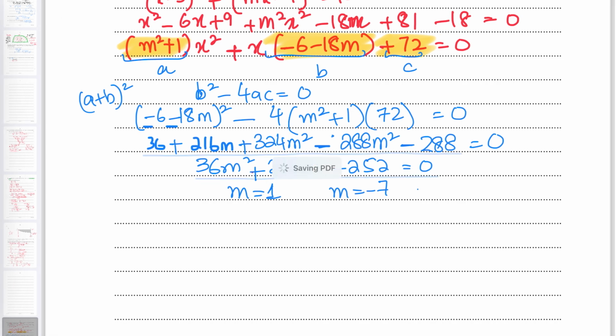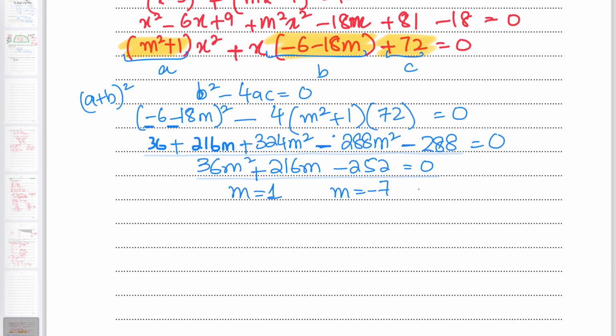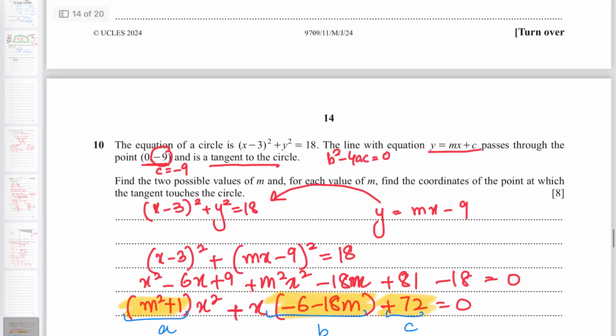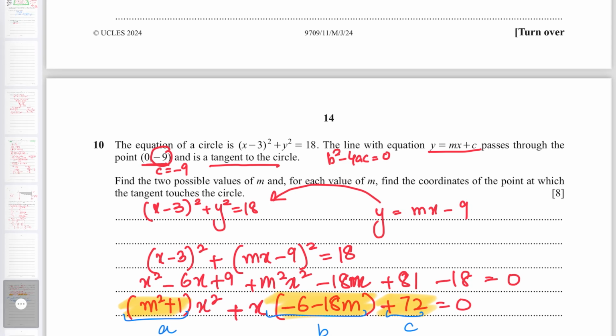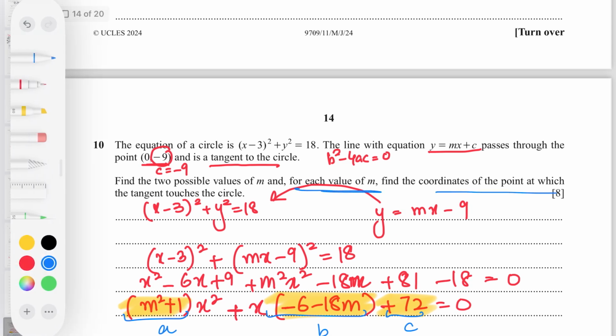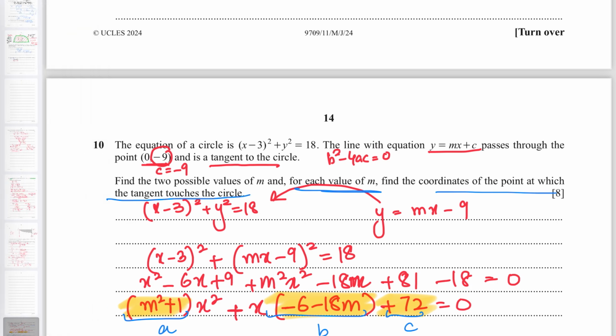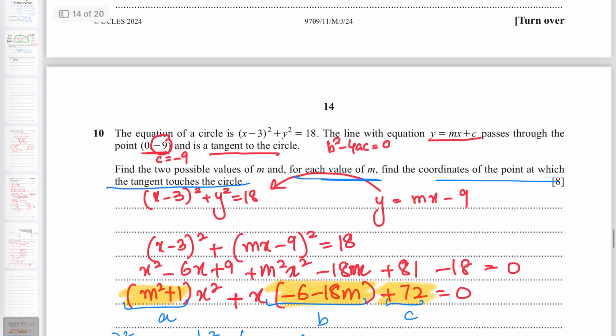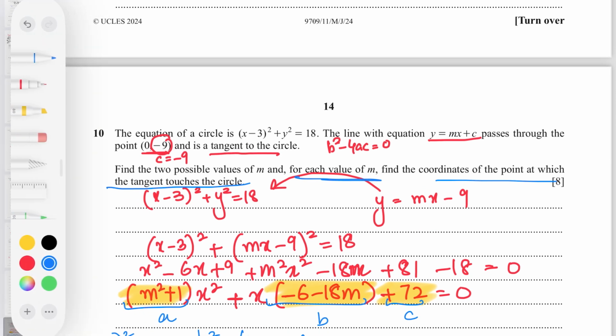Now the question says, for each of these values of m, find the coordinates at which the tangent touches the circle. So let's put the value of m in this quadratic equation and find out the value of x.